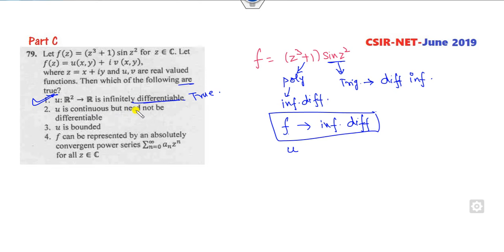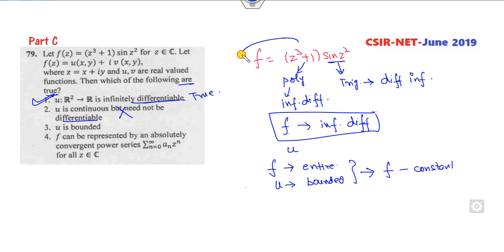U is continuous but not differentiable, that's the wrong option. Suppose F is bounded, so u is bounded. You can see F is an entire function, that is an analytic function. If u is bounded and F is entire, it means F is constant.